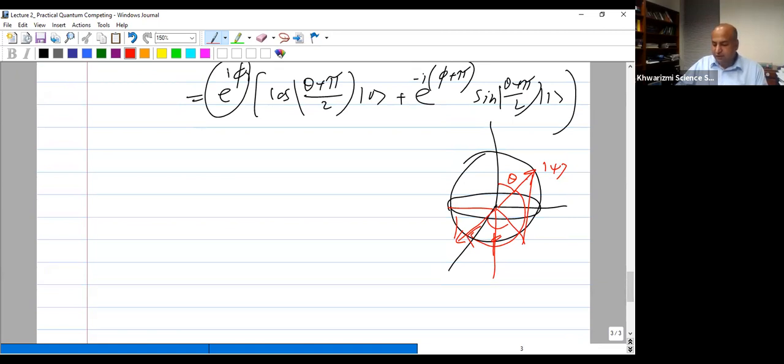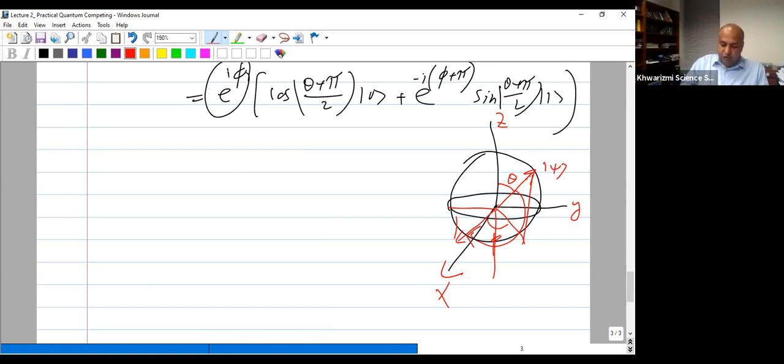So this state that was here has now gone to the opposite side. Just for example, if this was a state in the yz plane, after the operation it still remains in the yz plane because this phi was 90. So if I add 270 to this 90, this becomes 360. So this is as if the state has been rotated around the x-axis by 180 degrees.